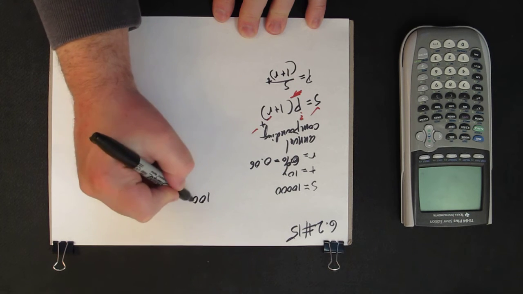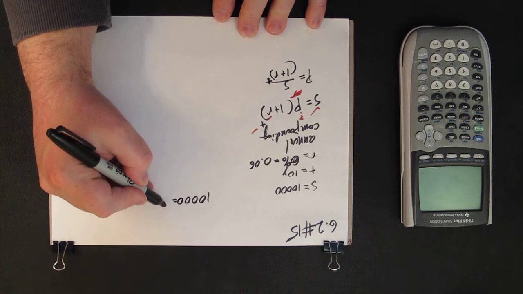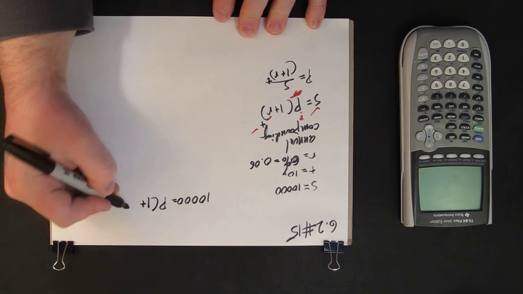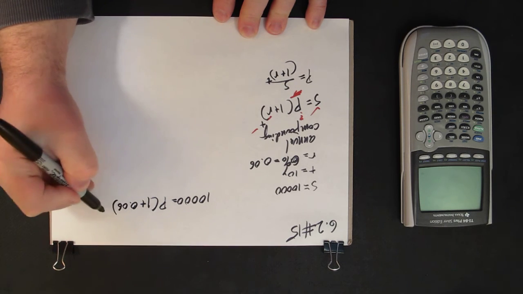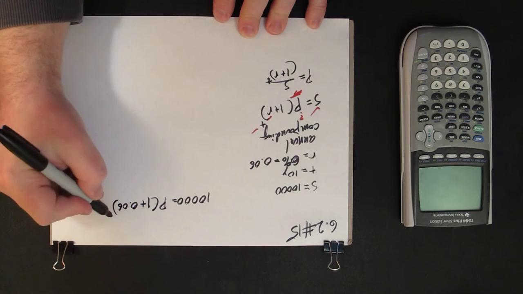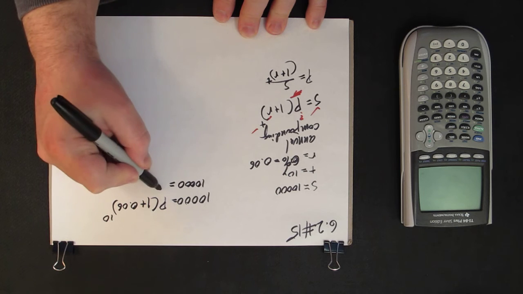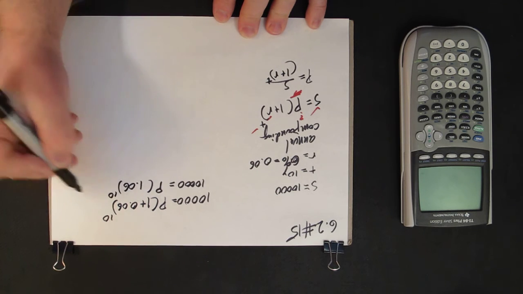So we have 10,000 equals the principal value times 1 plus our interest rate, which is 0.06, and then raised to the 10th. Okay, so that's 10,000 equals principal times 1.06 to the 10th.